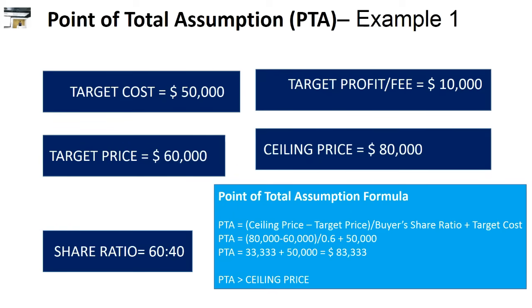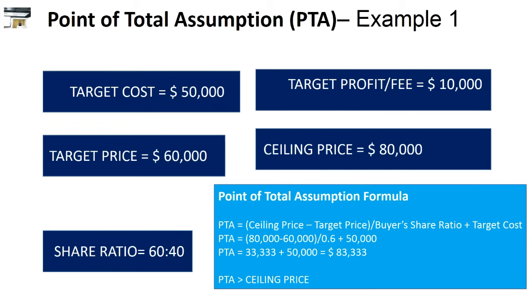Let's try to understand how to calculate point of total assumption through an example. If you refer to the given values, the target cost or the planned cost for a given work is $50,000. The target fee or the target profit is $10,000.